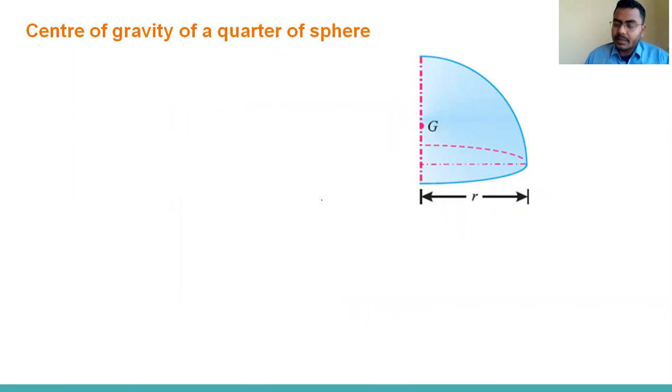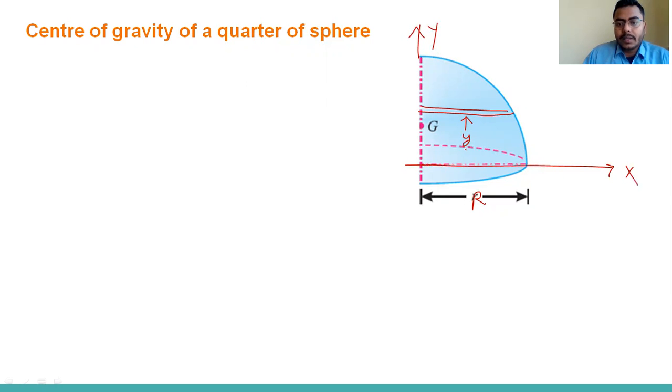Now I am deriving one formula for this case. This is a quarter of a sphere. Assume this is capital R. I'm taking one small strip, a small segment here. Suppose this is the y-axis and this is the x-axis.